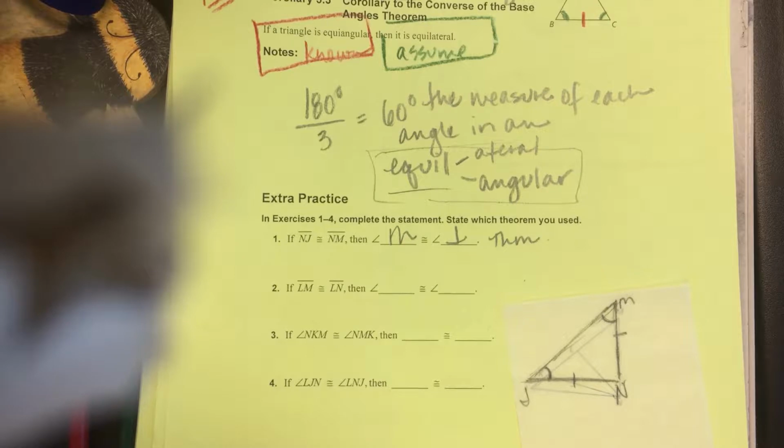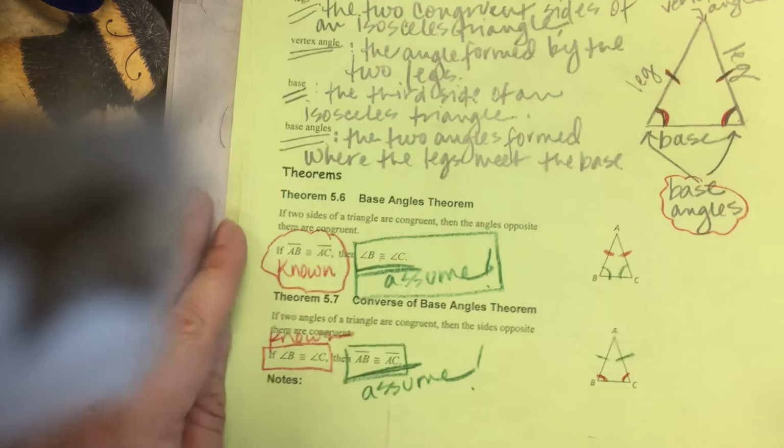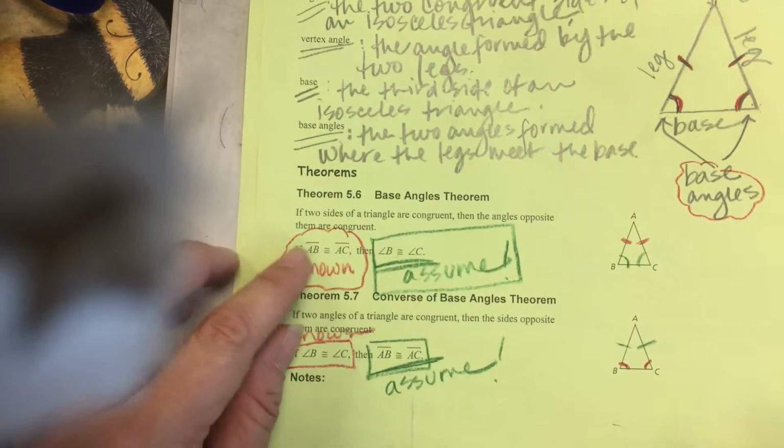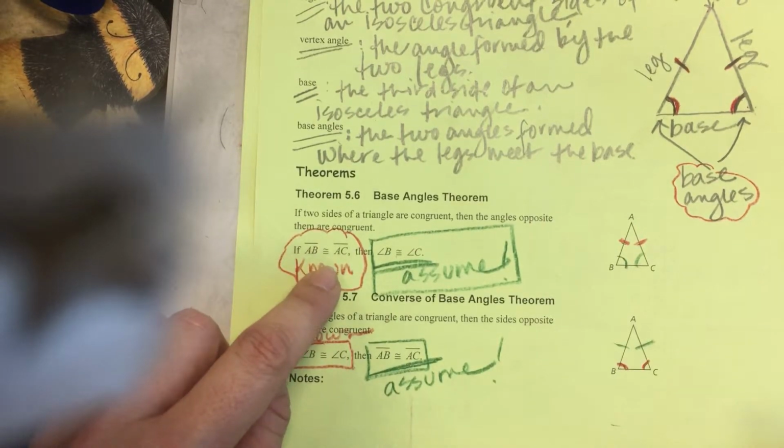Is it 5.2, you guys? Yeah. Okay. 5.2? Yeah, no. Not at all. If two sides of a triangle are congruent, then their opposite angles are congruent. This is what it was. This is 5.6, the base angles theorem.